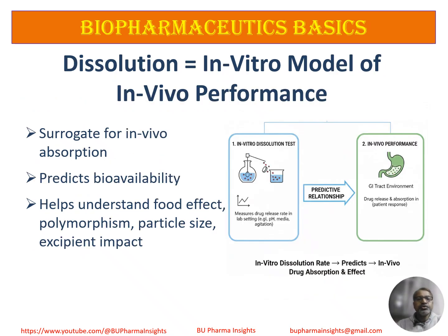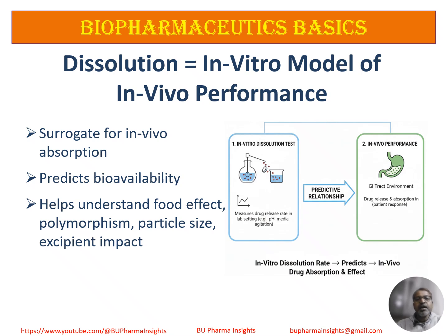Further, dissolution testing acts as a window into how a drug behaves in the body. Although it is an in vitro test, it is closely linked to in vivo absorption. Even small changes in API form, particle size, or excipients show up quickly in dissolution results. That's why regulators rely heavily on dissolution testing.